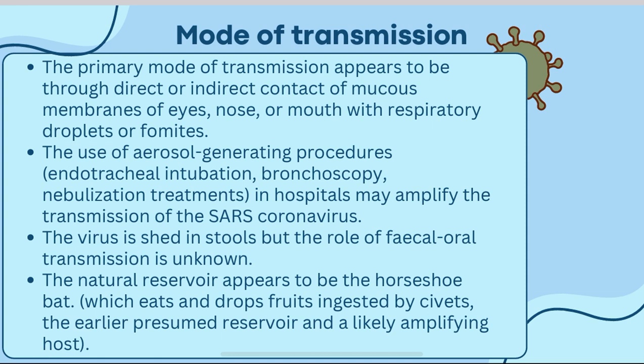The natural reservoir appears to be the horseshoe bat, which eats and drops the fruits which are ingested by the civets. They are the earlier presumed reservoir and are likely the amplifying host.